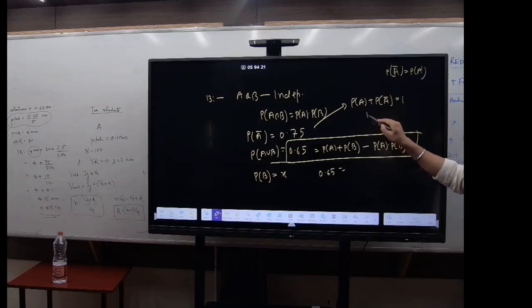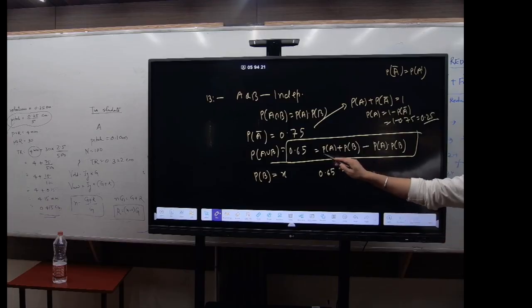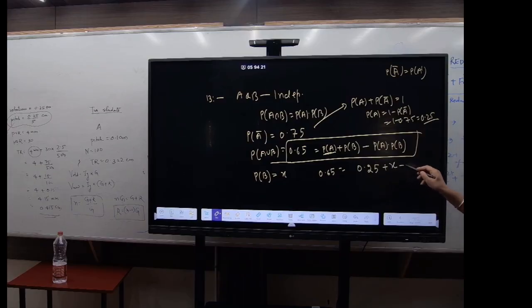So P of A will be equal to what? 1 minus P of A bar. So 1 minus 0.75, which is 0.25. So P of A is 0.25, I know. P of B is X. And this is 0.25 and this is X. Now all you need is to solve it.